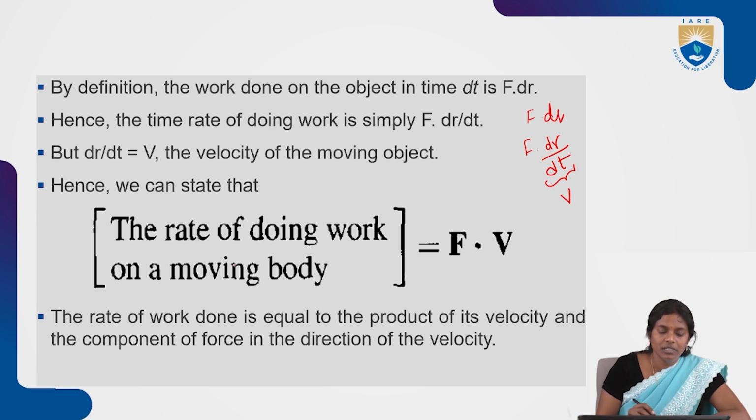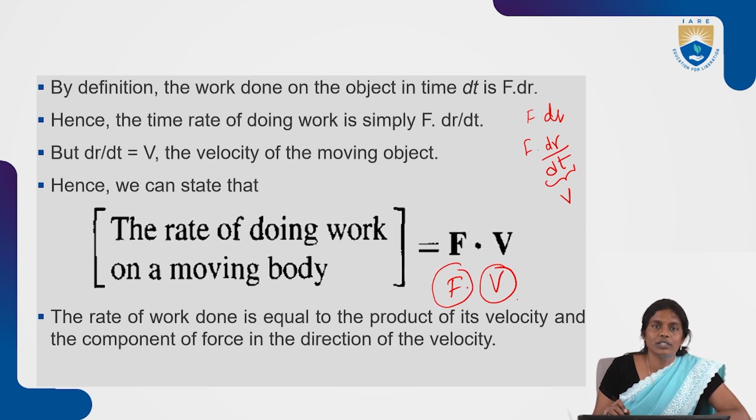So the rate of doing work on a moving body is F dot V, the product of velocity and the component of force in the direction of the velocity.